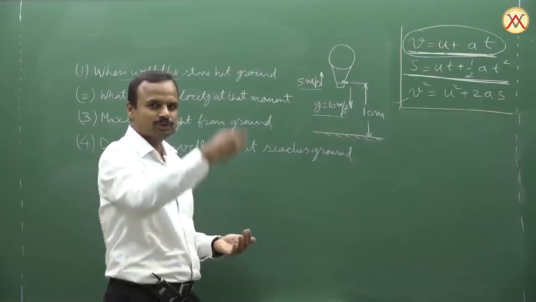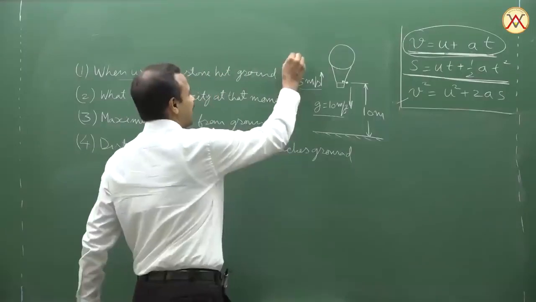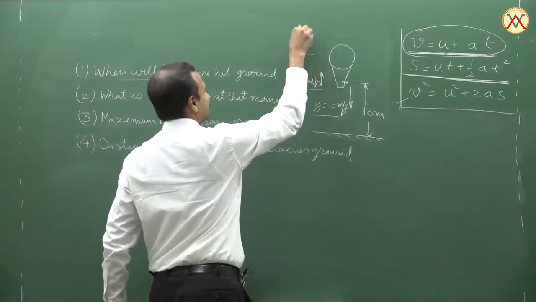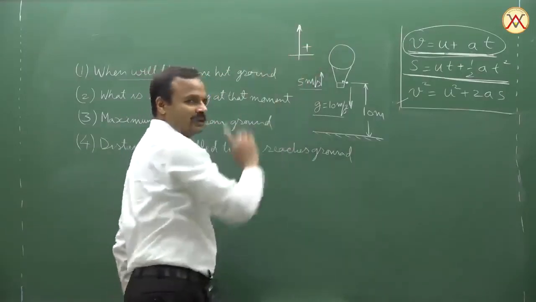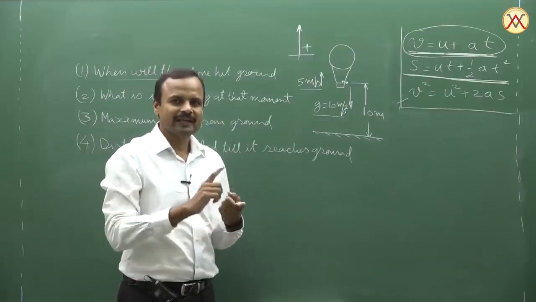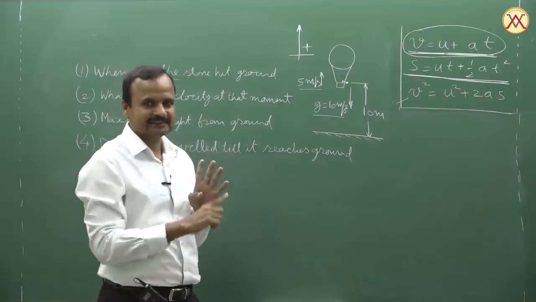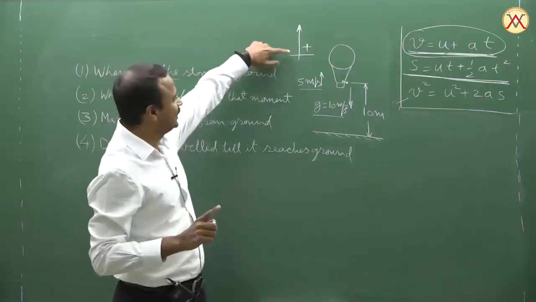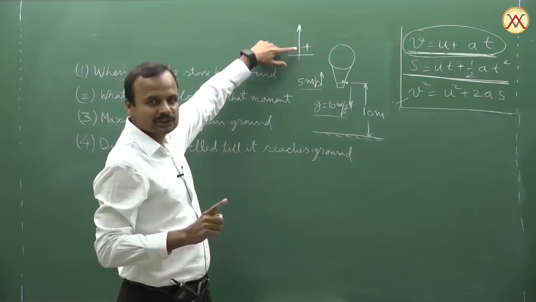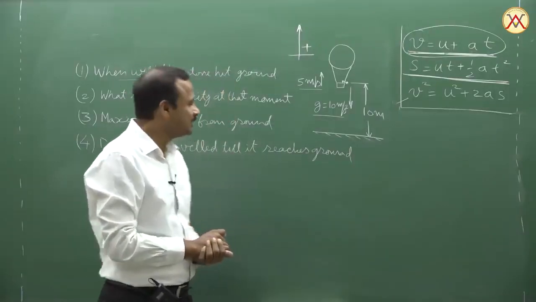It's a motion in the vertical direction, so we are taking upward as positive, and I will also mark it here. For u, v, a and s, these are our 4 vector quantities, their signs will be decided according to this notation: upward positive, and naturally downward negative.